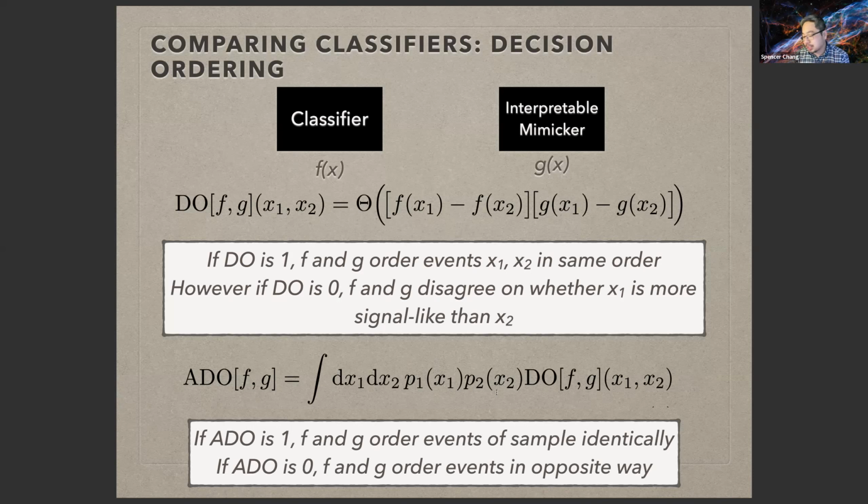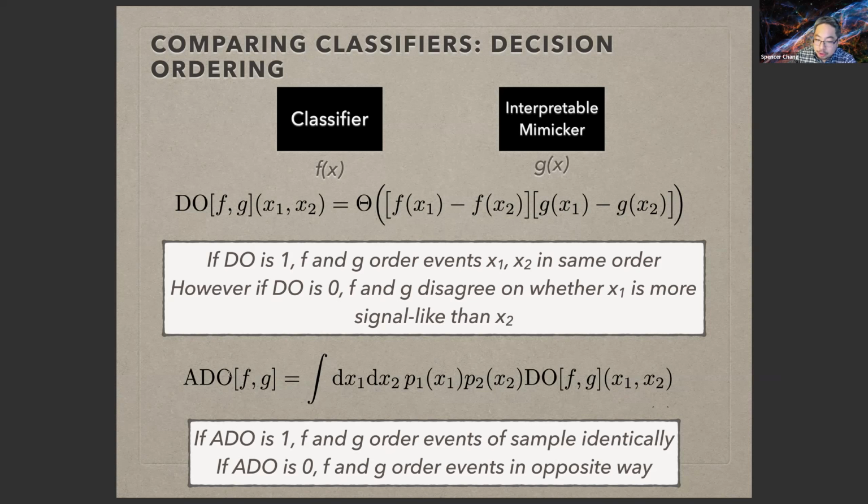Like if you're just doing this on background, you could do background for x1 and x2. They would be the same distribution here. It could be signal and signal, or signal and background, there's a lot of choices, or you just mix them. But if this average decision ordering is 1, then on this distribution of events, f and g are effectively the same classifier because they always agree on the ordering of two events in that sample.